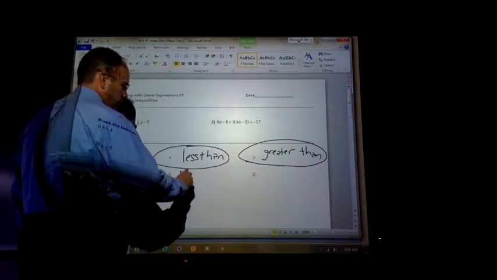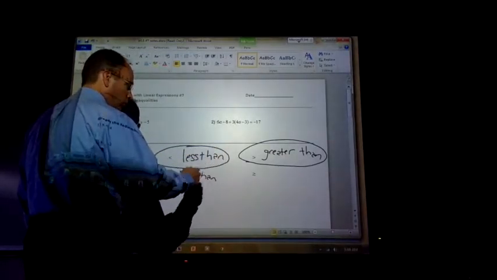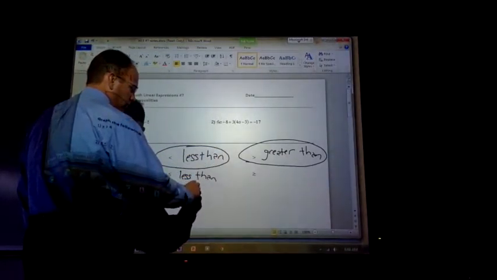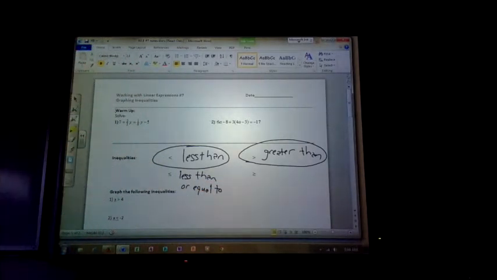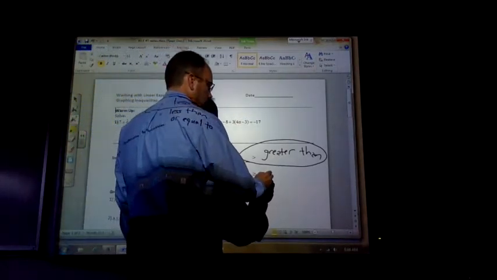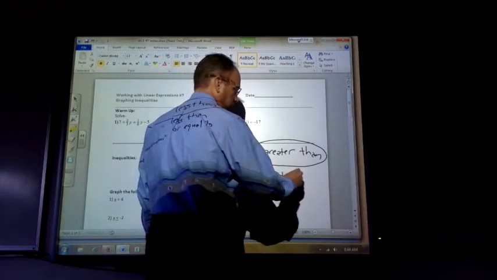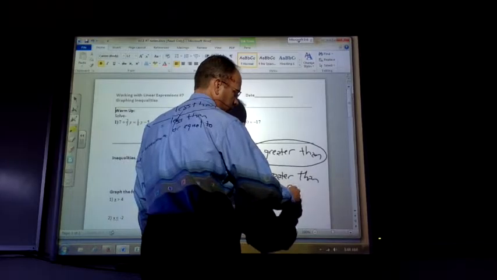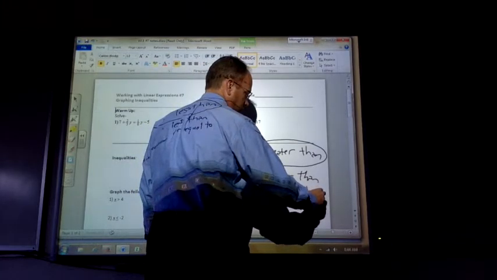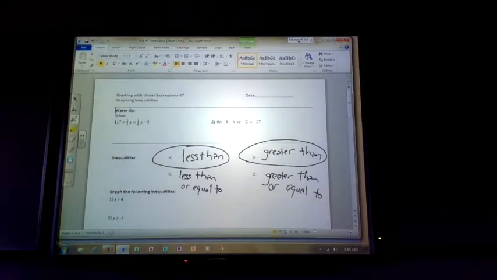Less than, and for some reason I have less than as one word, it's 2 words. Or equal to. And if I have it pointing the right way, greater than or equal to. That all seem okay?